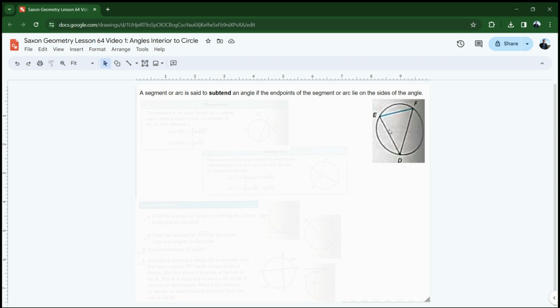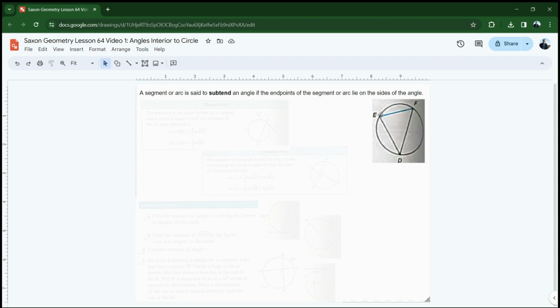Now, segments are interesting. You can't have a segment with both endpoints on the same side of an angle unless it actually overlaps that side of the angle. But if we look at the arcs, because arcs can subtend angles as well, arc ED is able to have both of its endpoints on the same segment of an angle, and that's fine.